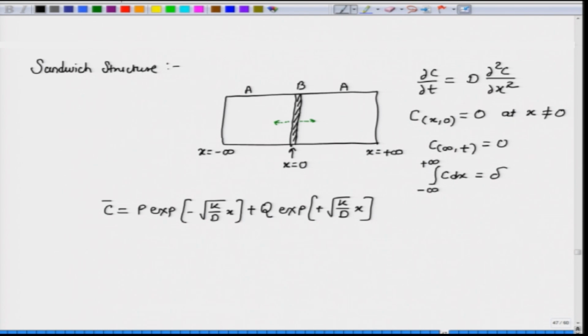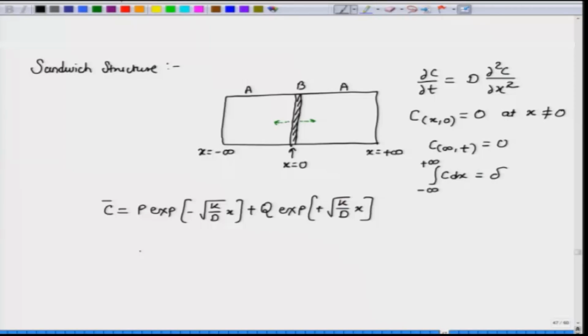Now, in the previous case we had only positive values of x, but here we have negative as well as positive, right. So, if we look at the solution and at the boundary condition, we will see that when x has a negative value, the first term becomes infinity at x equal to minus infinity, right. So, for negative values of x, the first part should not be there.